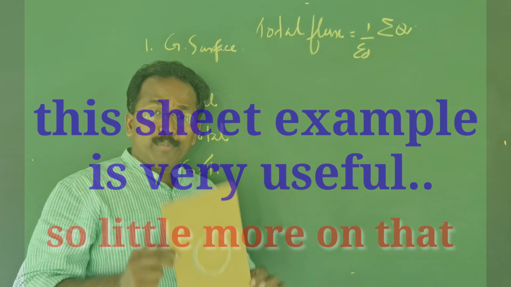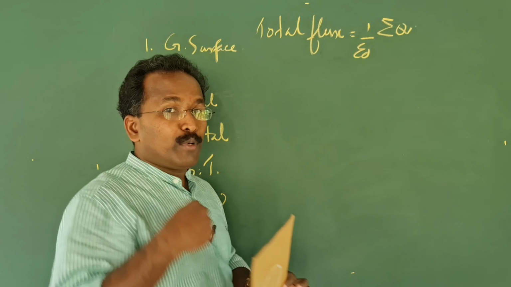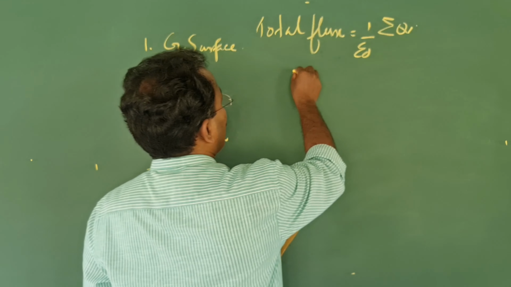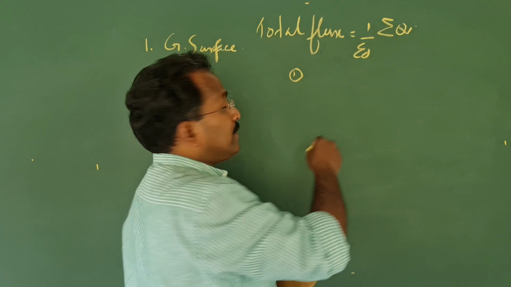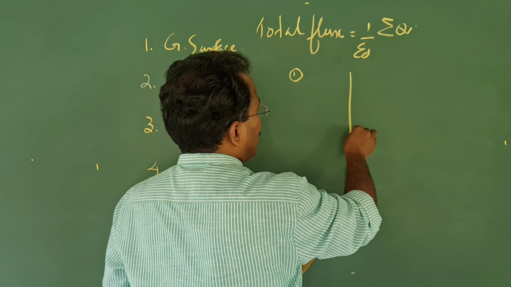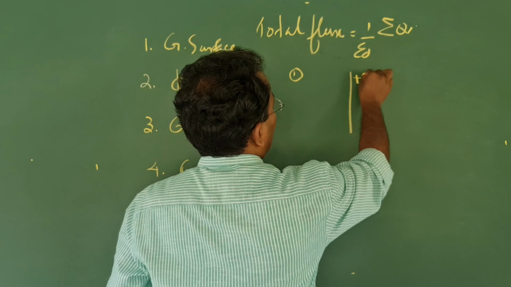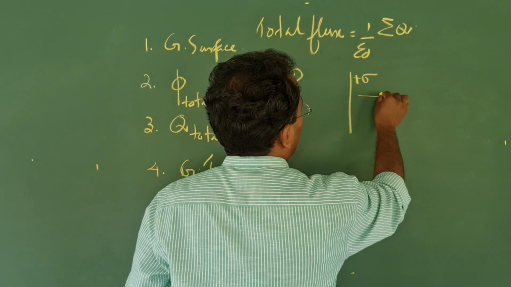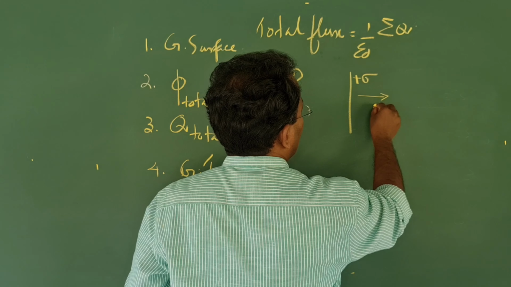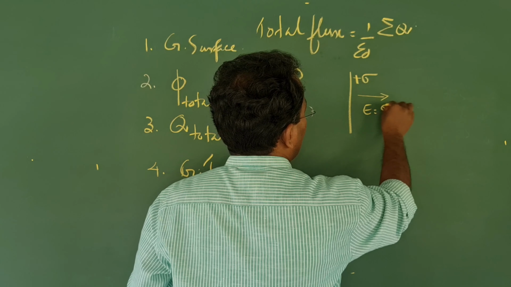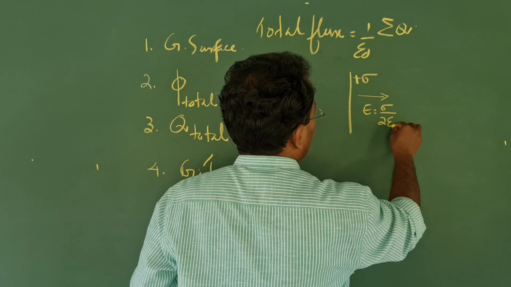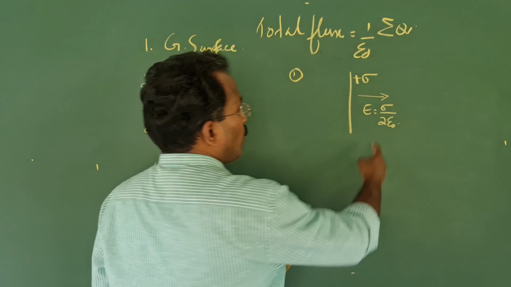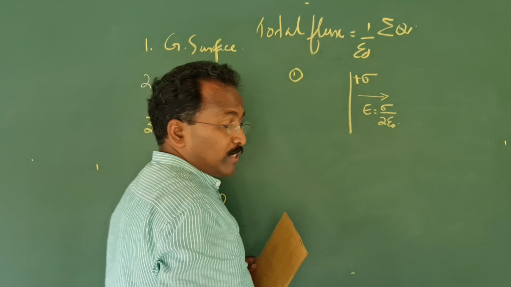The electric field produced by this sheet is important for us. So we are picturizing it again. You have a copper sheet on which you are giving plus sigma charge. So on this side you have electric field in that direction. Its magnitude is E is equal to sigma by 2 epsilon 0, or half of sigma by epsilon 0.